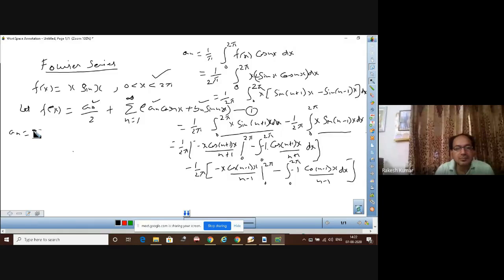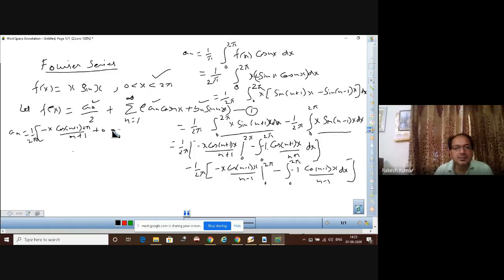An comes out to be 1 upon 2 pi. When you substitute 2 pi here, it comes out to be minus x cos of (n plus 1) into 2 pi upon n plus 1. And when you substitute 0 here, 0 into cos of 0 comes out to be 0. And this is minus and minus, plus, and cos.